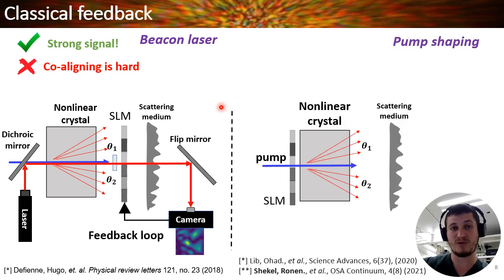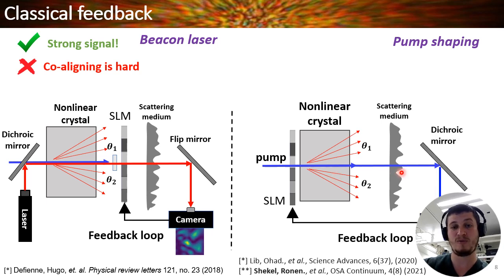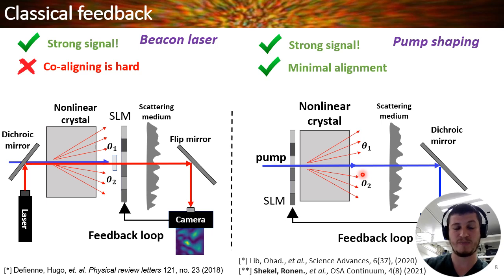A second approach that we proposed in recent years is called pump shaping. In this approach, we send the classical pump beam stimulating the SPDC process through the same scattering medium and use the pump beam for feedback. In this method, again, we have a strong signal. And this time, the alignment is quite minimal because, by definition, the pump beam is aligned with the entangled photons.